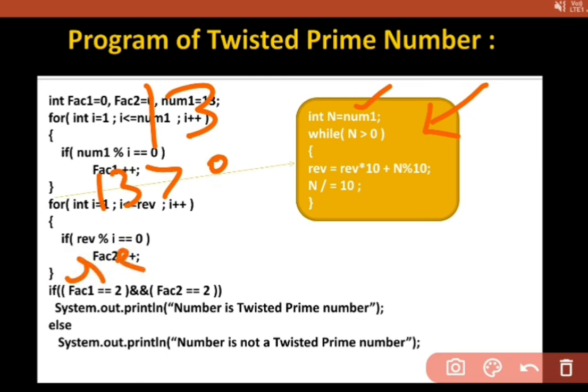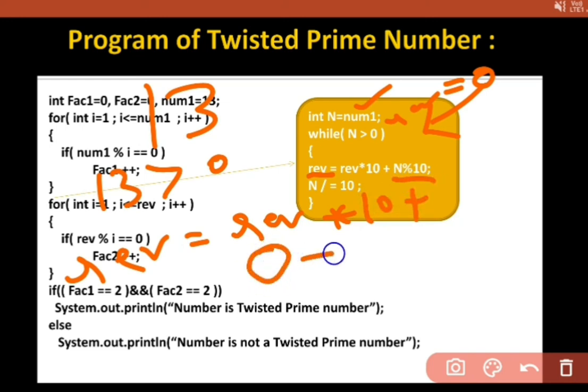REV should be equal to 0. First, in the starting, REV should be 0. REV is equal to REV into 10 plus digit, whatever digit we are picking. Means 0 into 10 plus digit.